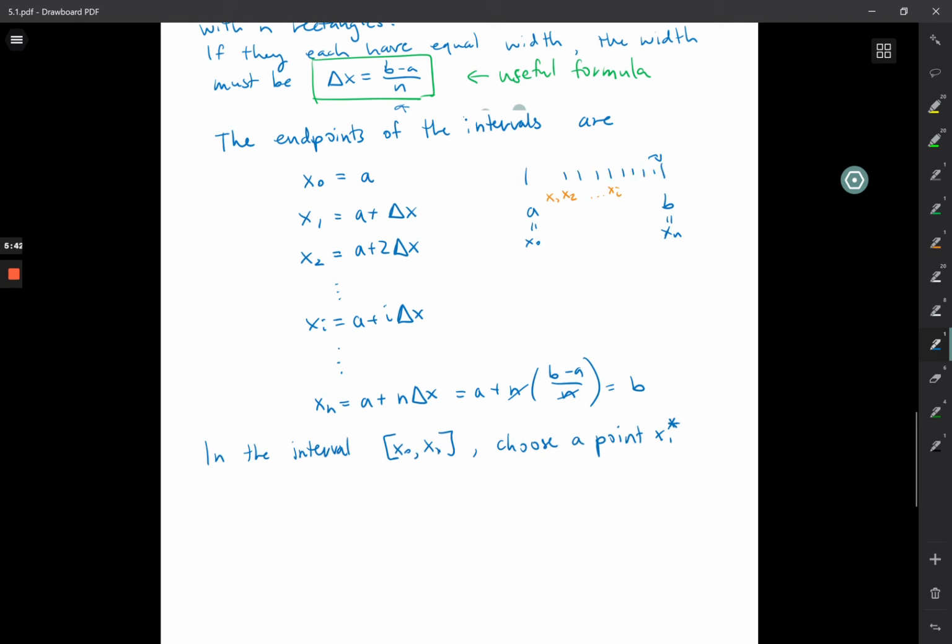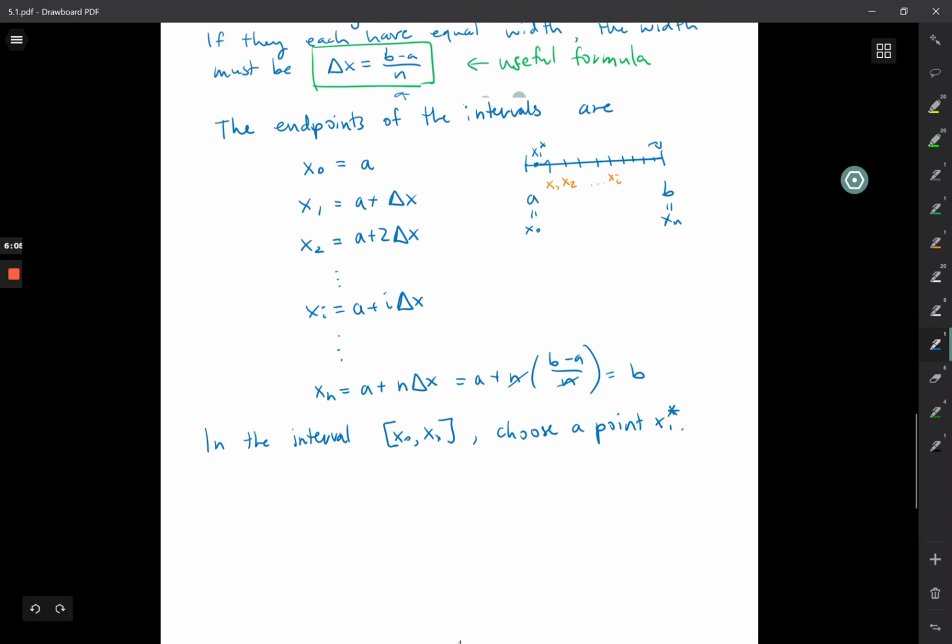So really, we're not going to specify what it should be. We're just going to say that we choose one in the rectangle. Okay, so that is just some point in here, so we'll call it xi star, and then we just continue this process for the other intervals.